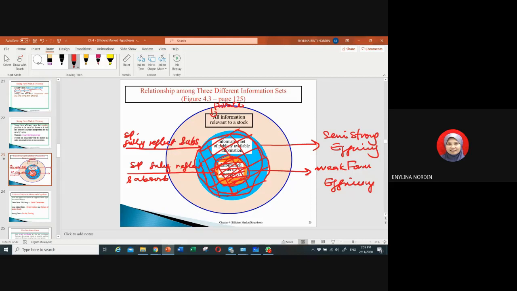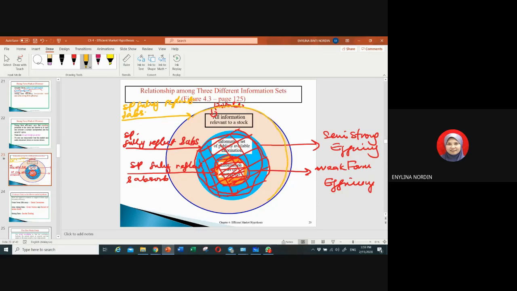Okay, next, let's say the stock price now fully absorbs the bigger circle here, fully reflects and absorbs all information here, in yellow color.